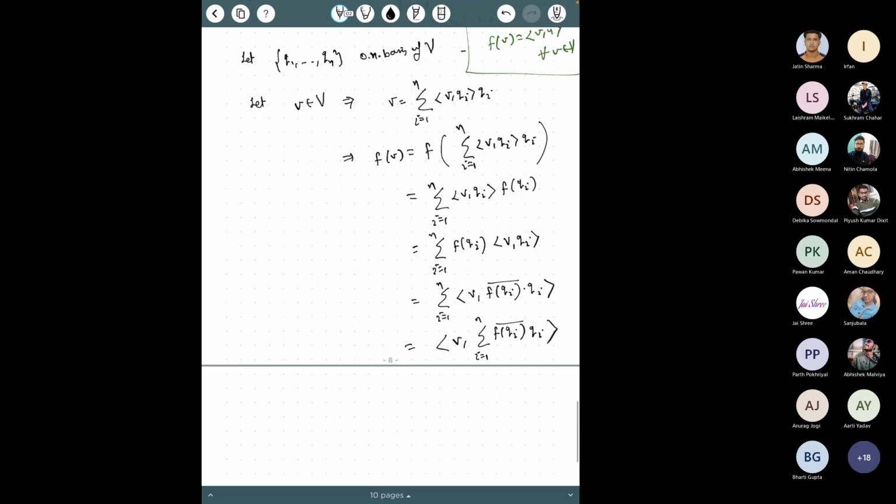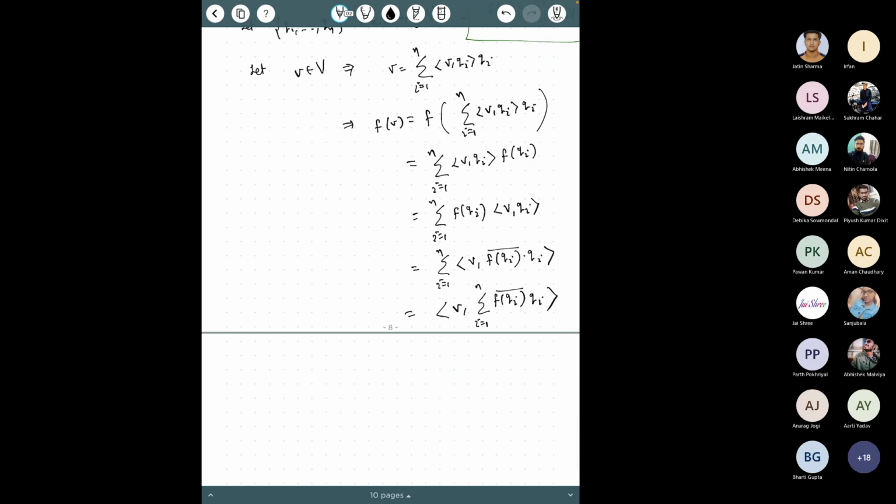Now you can check that whatever vector I have produced here, I can call this vector u. You can see that this vector doesn't depend on v. It only depends on the linear functional f and the basis vectors, which are fixed.